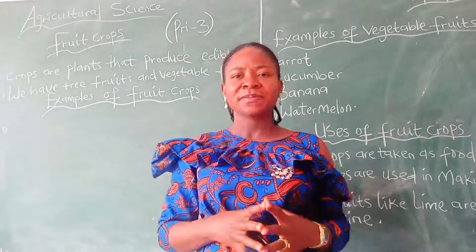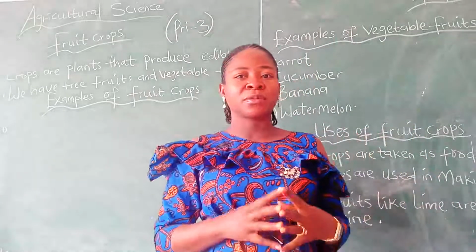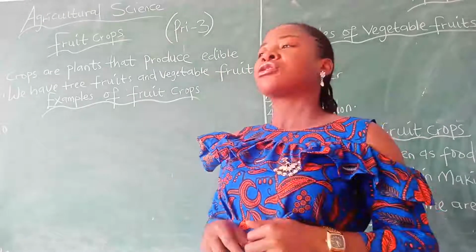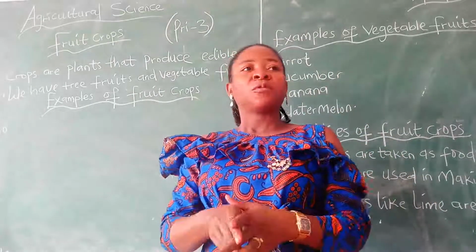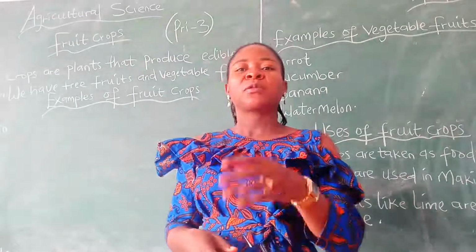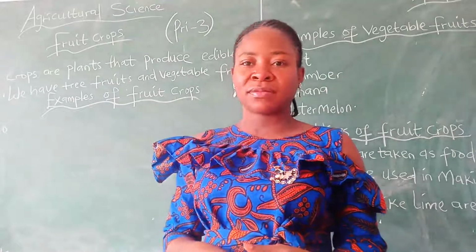Alright? We have tree fruits and vegetable fruits. Sometimes in the house, we can tell mommy, I want to eat fruits. And mommy asks us, what kind of fruit should I buy for you? You say, buy cucumber for me.